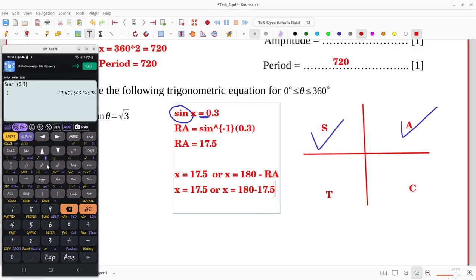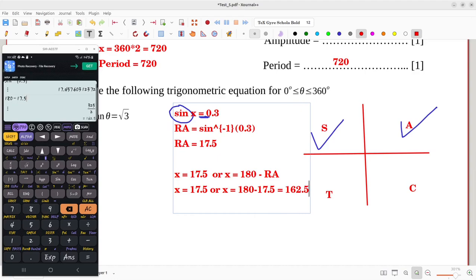let's calculate. 180 minus 17.5 is 162.5. So those are your two angles.